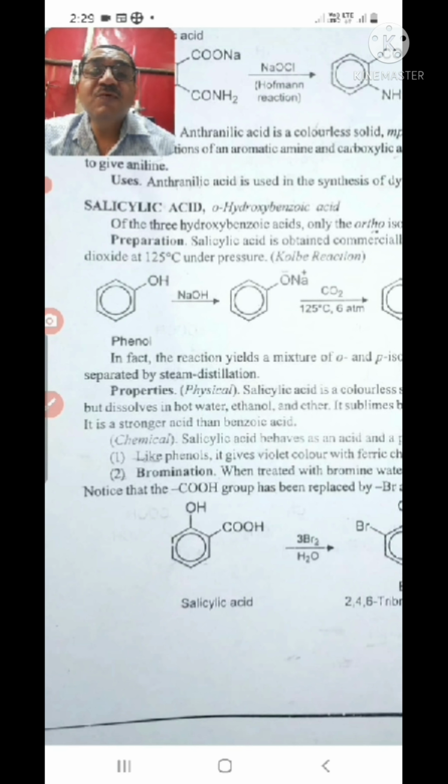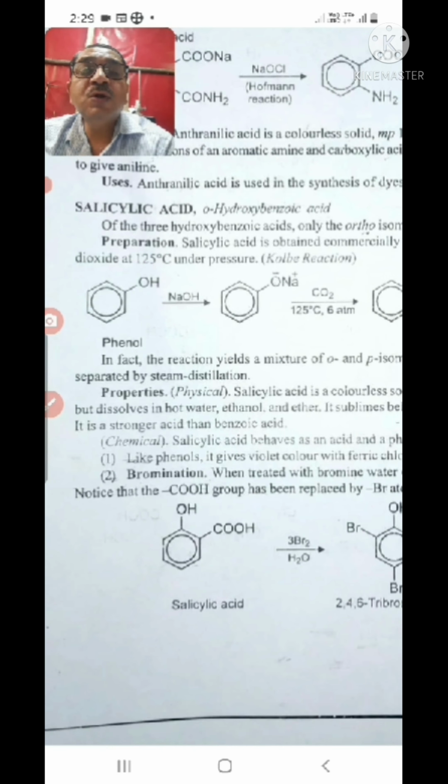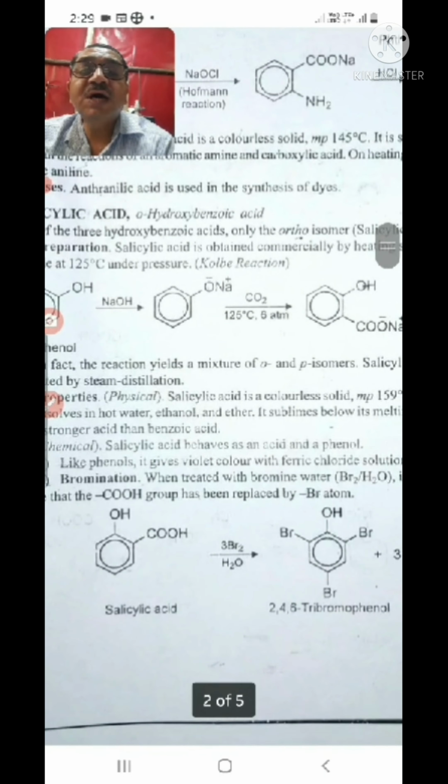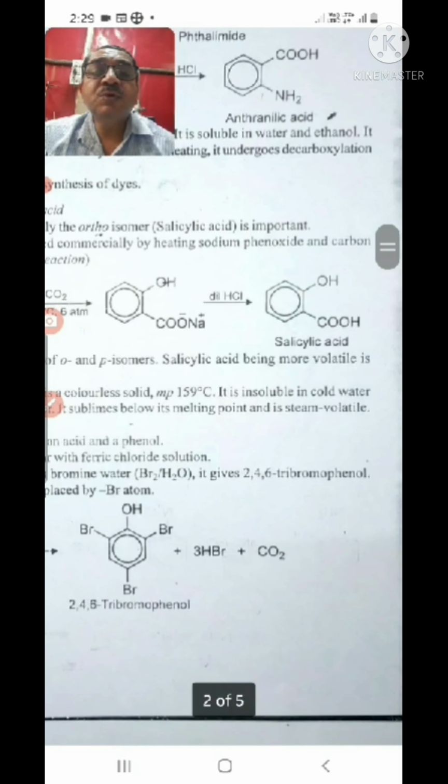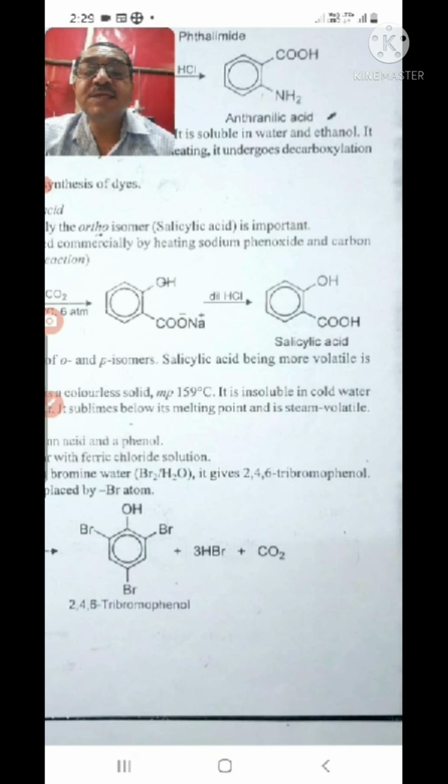Sodium phenoxide is formed from the phenol. This sodium phenoxide, on treating with carbon dioxide at 6 atmospheric pressure at 125 degrees centigrade, gives orthohydroxybenzoic acid or salicylic acid.